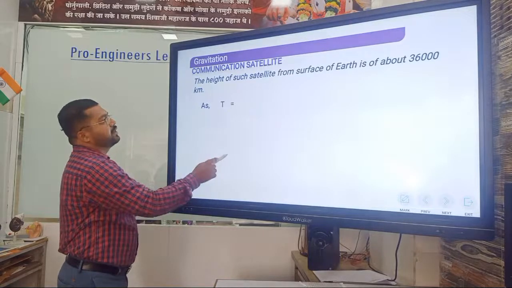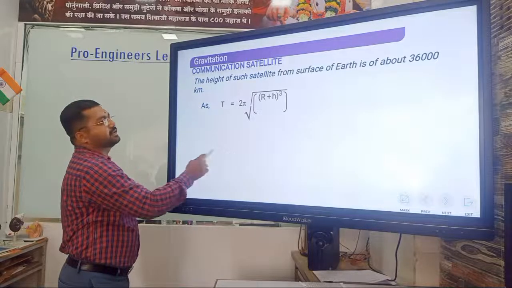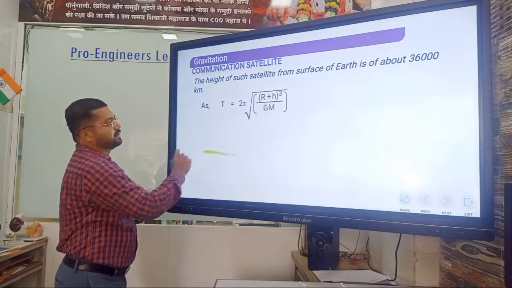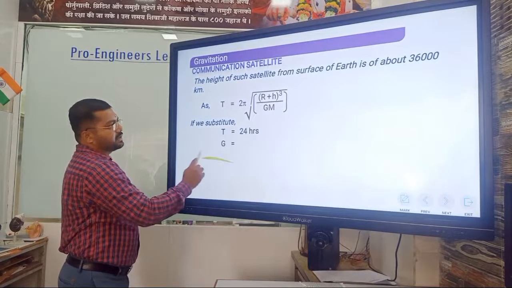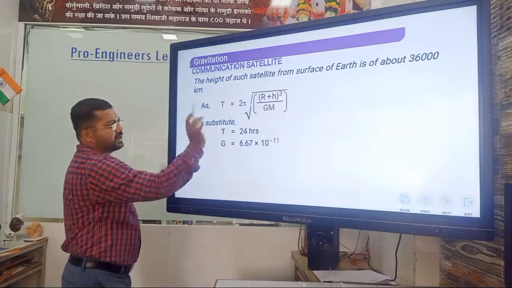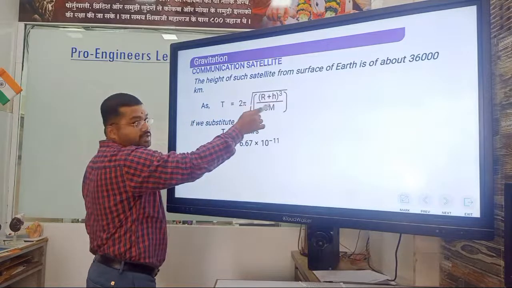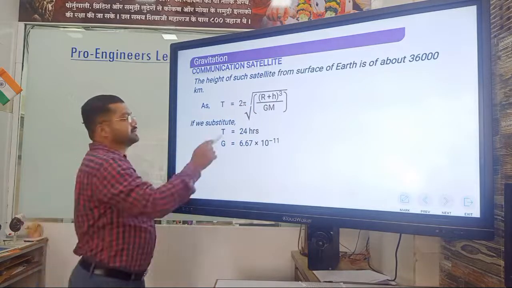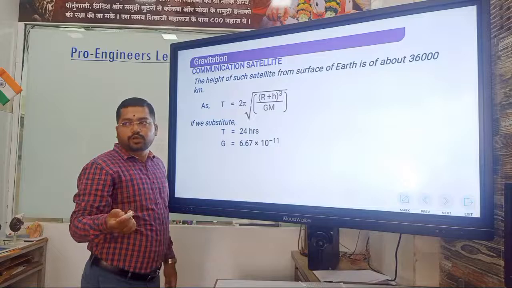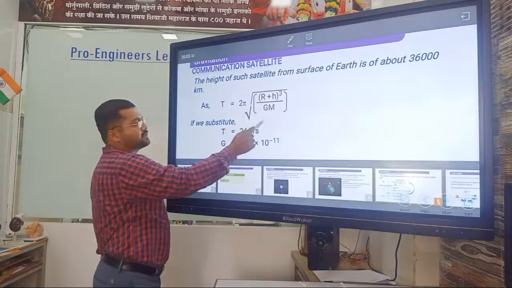Now, the height of such a satellite from the surface of Earth is about 36,000 kilometers. So if we have T as 24 hours, we have to find h. R we are aware, radius of Earth; G we are aware, universal gravitational constant; M we are aware, that is the mass of Earth.